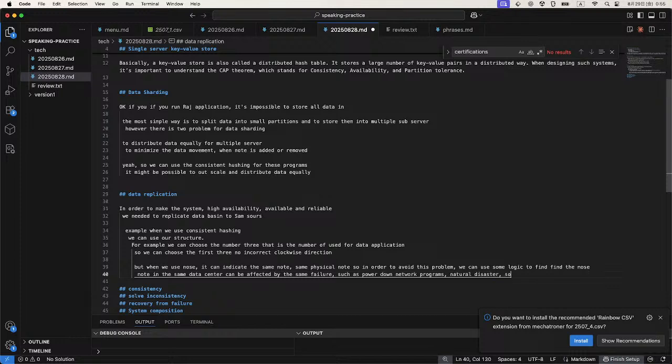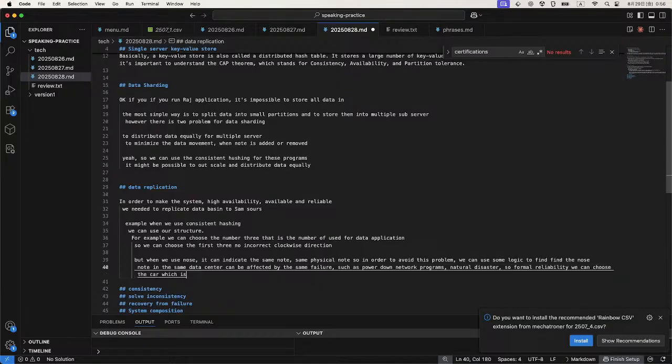So for more reliability, we can choose physical servers which are located in different data centers.